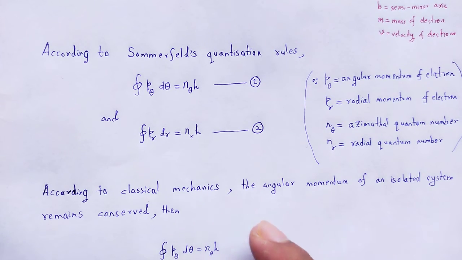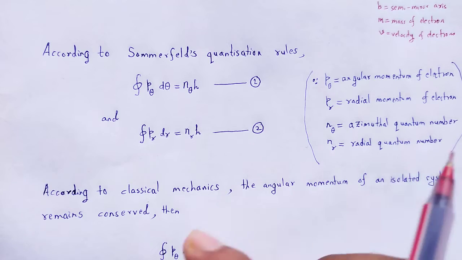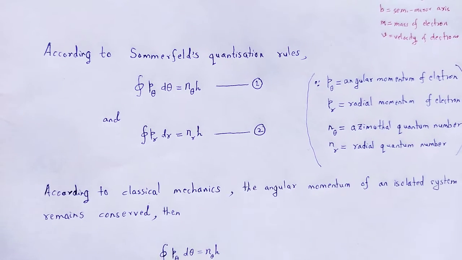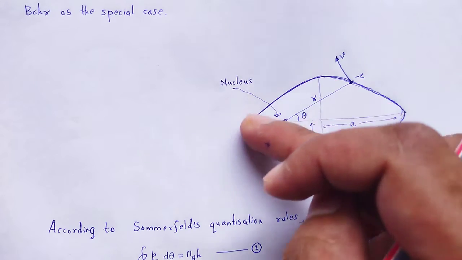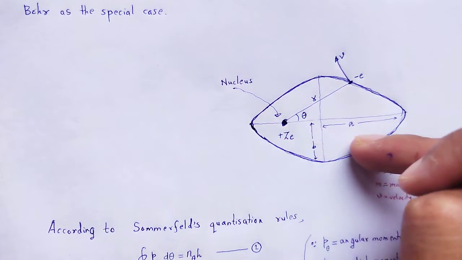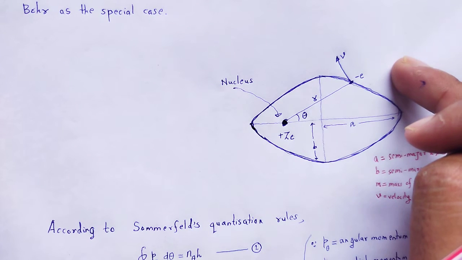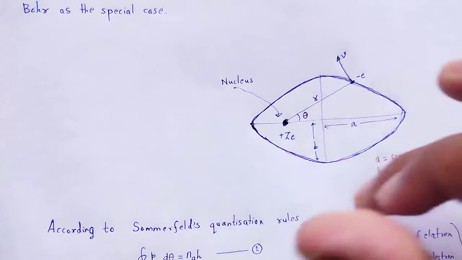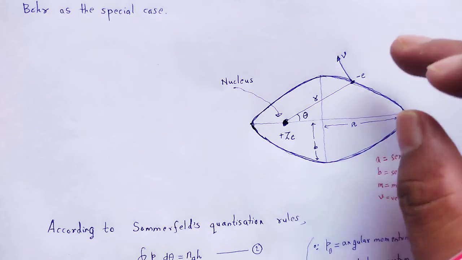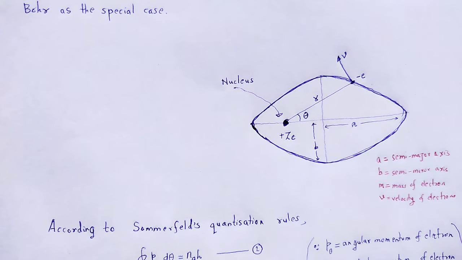According to classical mechanics, the angular momentum of an isolated system remains conserved. When the electron revolves around the nucleus in an elliptical orbit, if the system is isolated, meaning no influence from other systems, then the angular momentum is conserved.